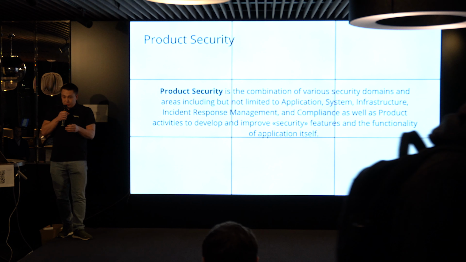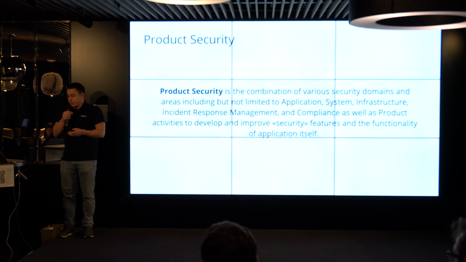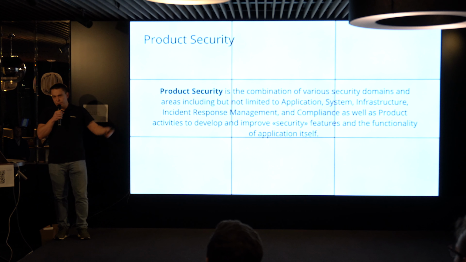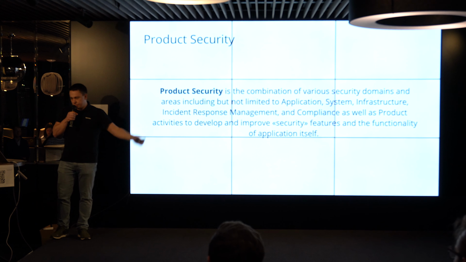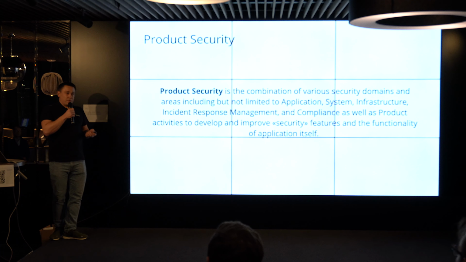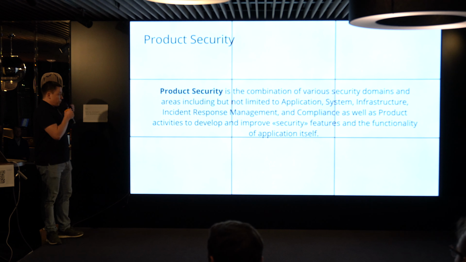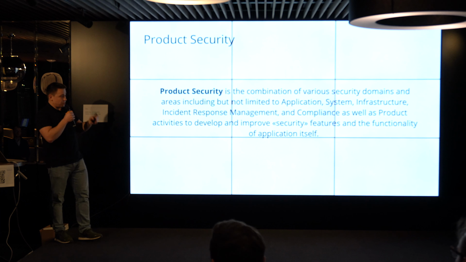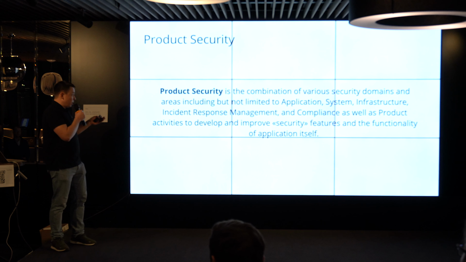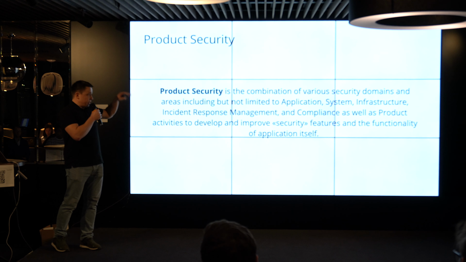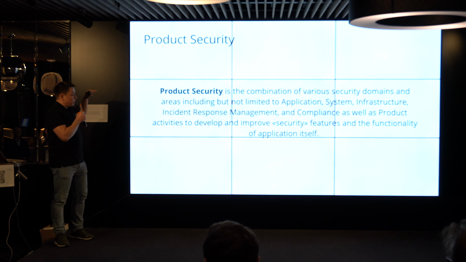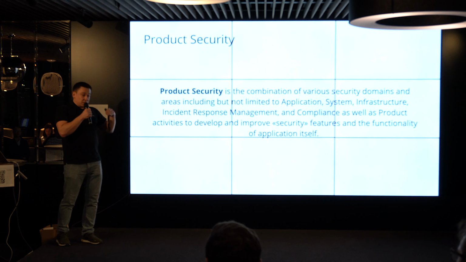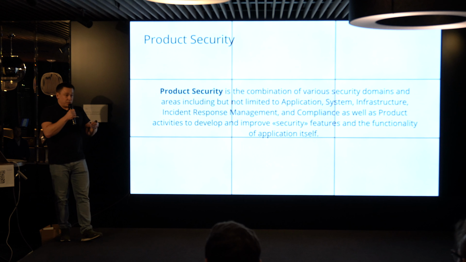I'm not sure that everybody knows what product security is, and sometimes it's mixed up with application security, the software development lifecycle, secure code review, etc. But for me personally, product security is the combination of various security domains and areas that includes but is not limited to application, system, infrastructure, incident response, compliance, and development and product activities in the application.